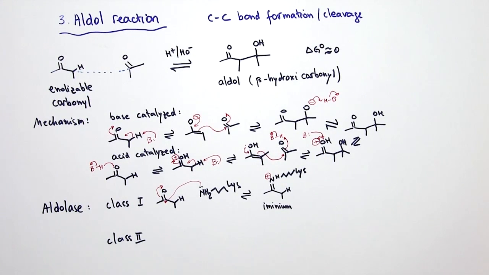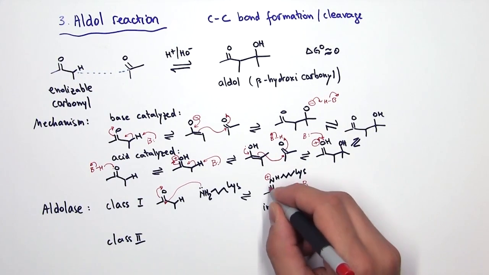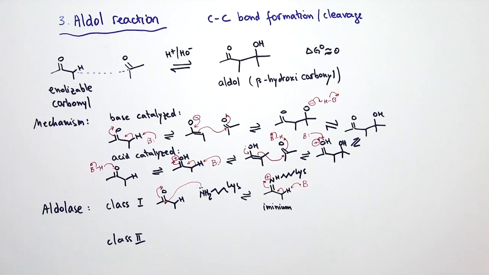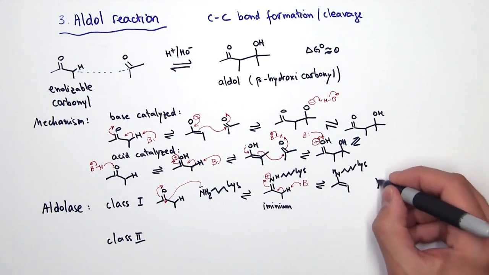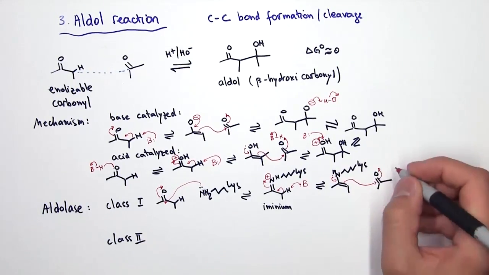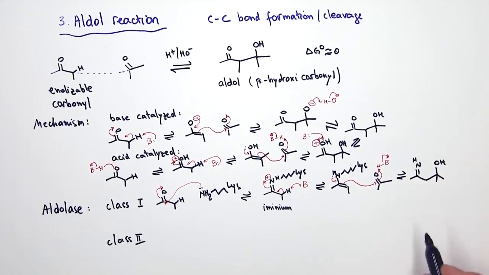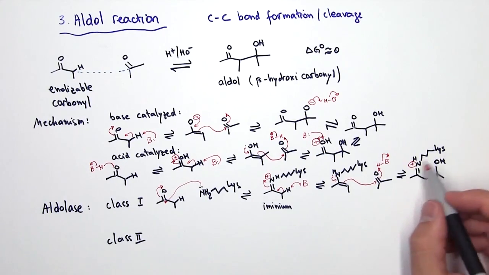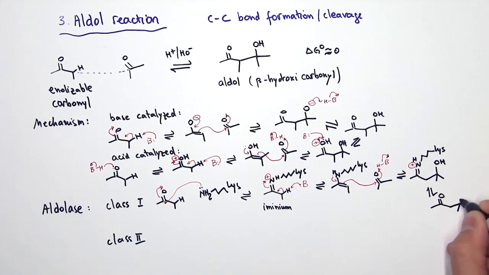Now the carbonyl is activated enough that an active site base can remove the alpha hydrogen to form the enol, which is now well positioned to attack the other carbonyl. This generates the aldol product in its imine form, still attached to the enzyme. And now the hydrolysis of the imine is going to release the aldol.